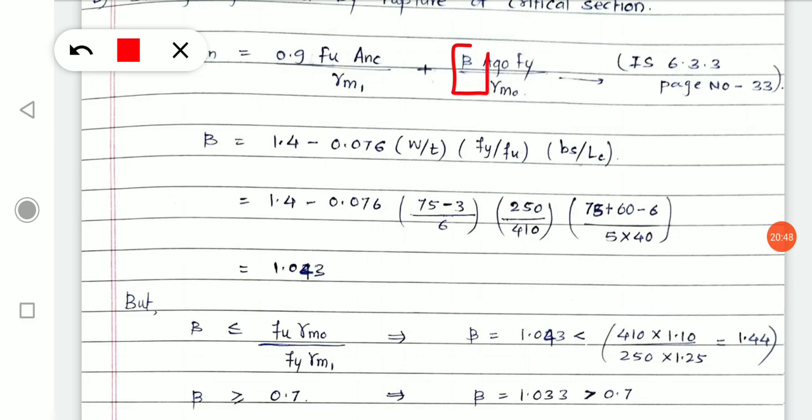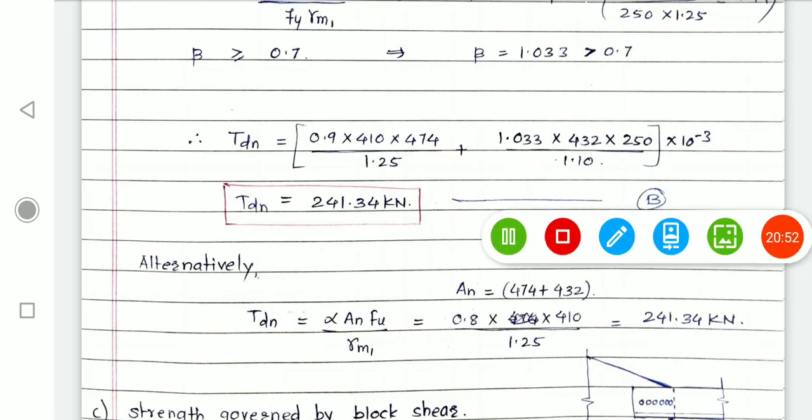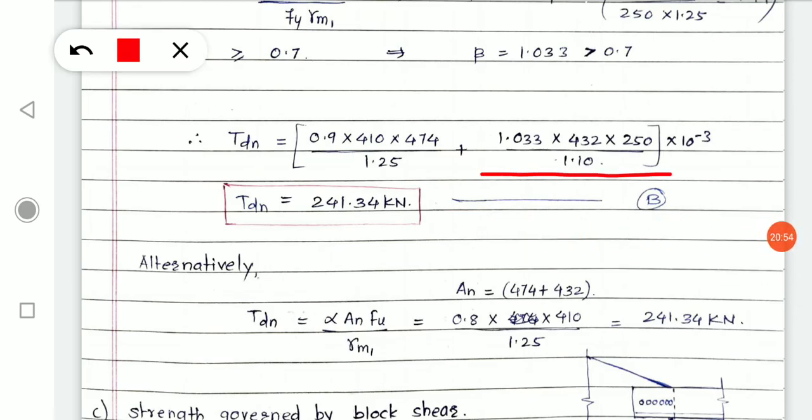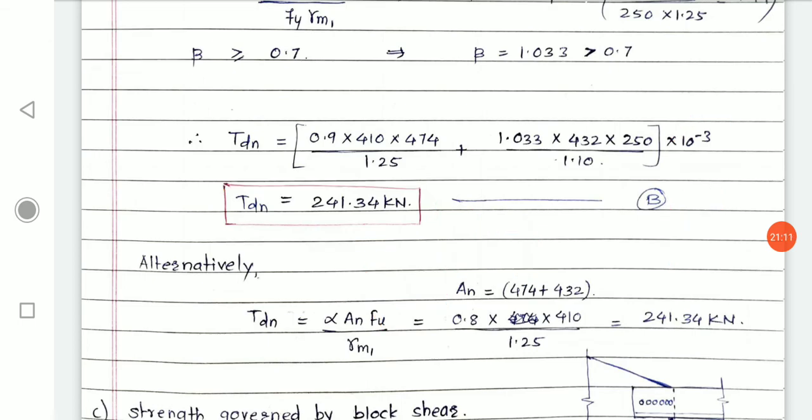Only unknown thing was beta, that we calculated and put over here. Once you calculate that, you will get TDN. Please don't forget to write 10 to the power minus 3, because we want to convert our force from Newton to kilonewton.